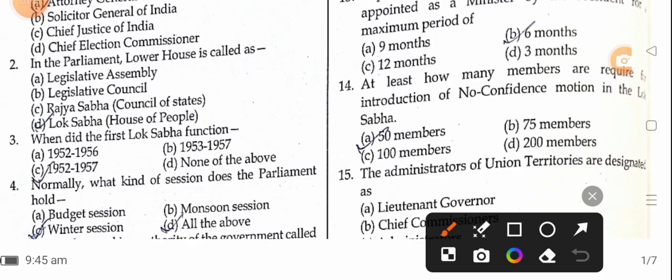At least how many members are required to introduce a no confidence motion in the Lok Sabha? 50 members.